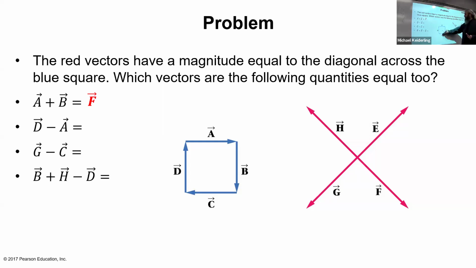So here we have D minus A. What do you think that would be? Yep. So D, this is minus A. So that is D minus A.